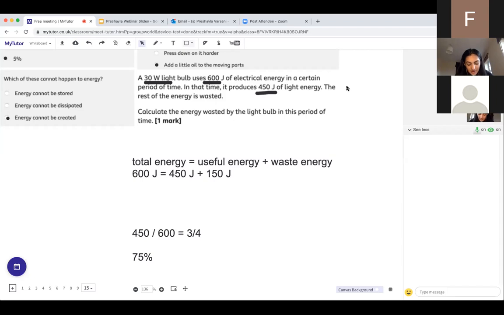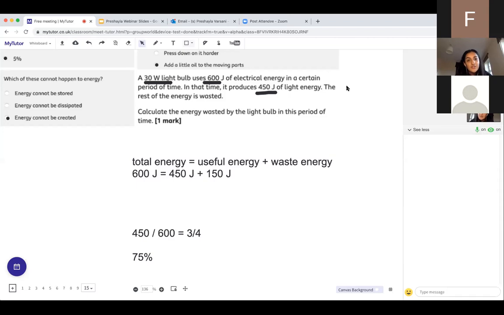If energy can't be destroyed, why do we try to save energy? Okay, that's a really good question. So if energy can't be destroyed, what's the point in saving energy? Yes, energy can't be destroyed, but let's take our example of a light bulb. We put electrical energy in, and most of that is going to heat energy, which is not useful to us.